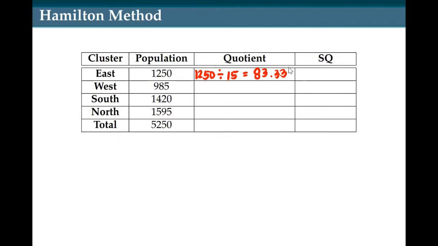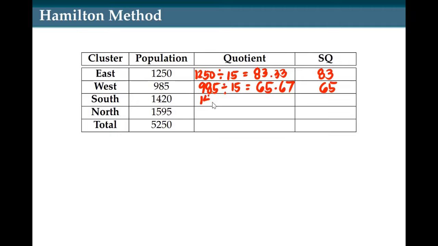If we round the quotient down to a whole number, we have the standard quota equal to 83. Next, 985 divided by 15 is equal to 65.67. Rounding down to a whole number, we have 65.